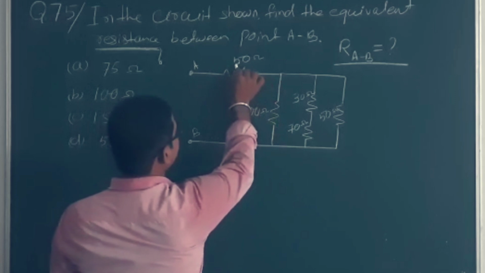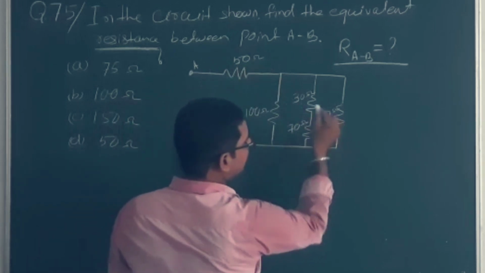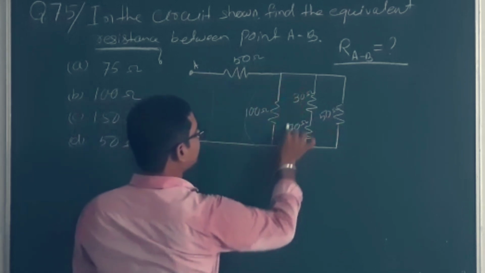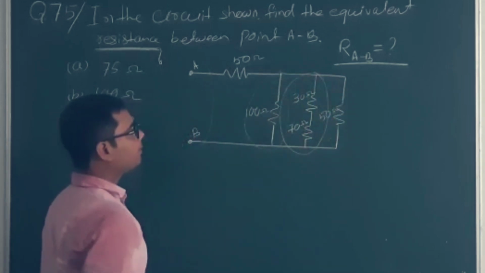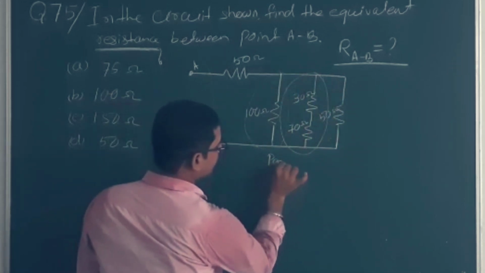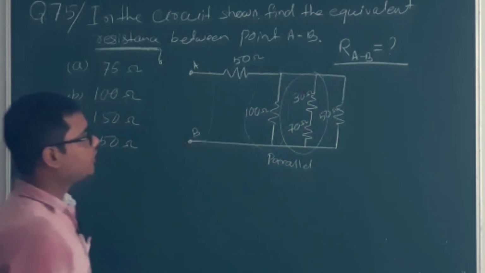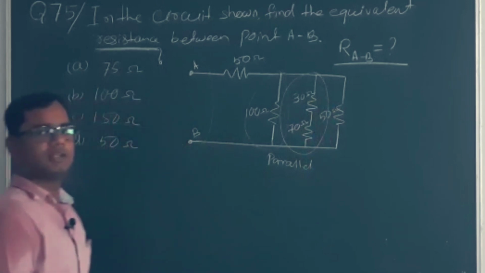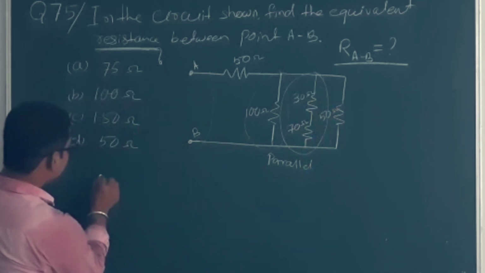So here the resistances are 50 ohm, 100 ohm, 30 ohm, 70 ohm and 50 ohm. This path and this path, these two are your parallel paths. In between, your 30 ohm and 70 ohm are in series, so you can solve this one. I will draw the diagram again.